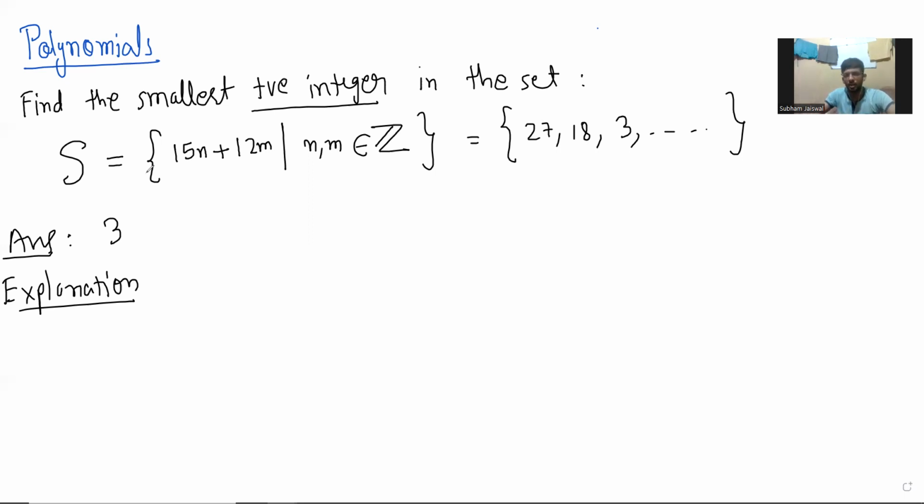See, why I'm saying this is because this increasing and decreasing reasoning is not so accurate. This way you get 3. But can anybody tell me, is there some other way to get 3 from 15 and 12? Some other n and m which will give you 3.